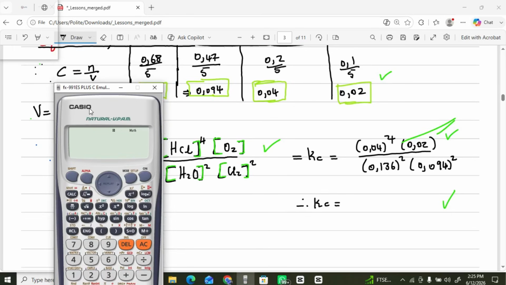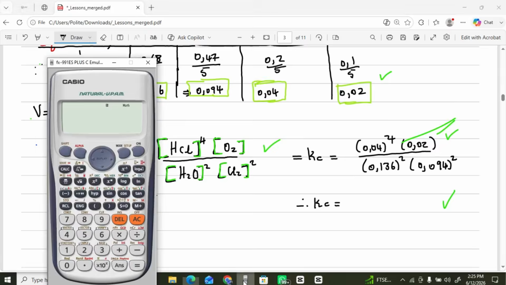We have 0.04, which is squared. Make sure that after putting the square, you say multiply, because if you just use brackets, you might get an error, and then you'll feel like whatever you did here is wrong. 0.136, close the bracket, squared, and then you multiply this by 0.094, which is also squared.